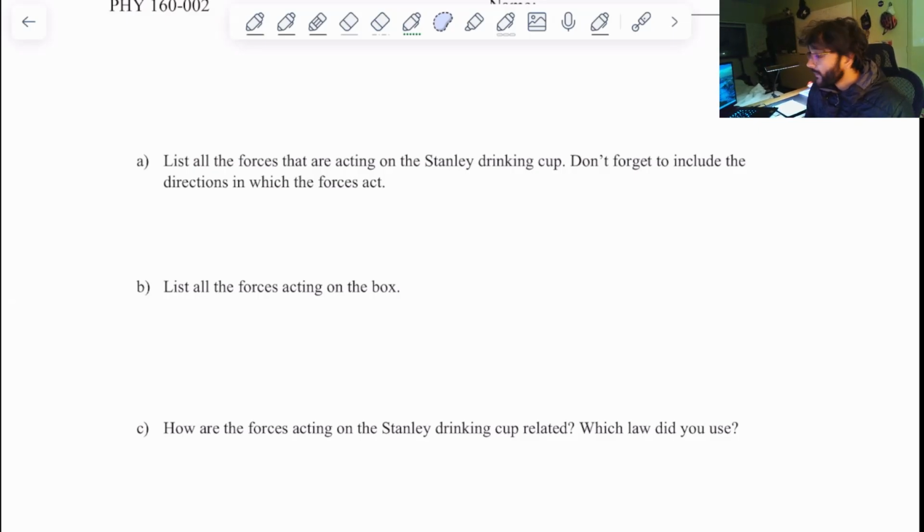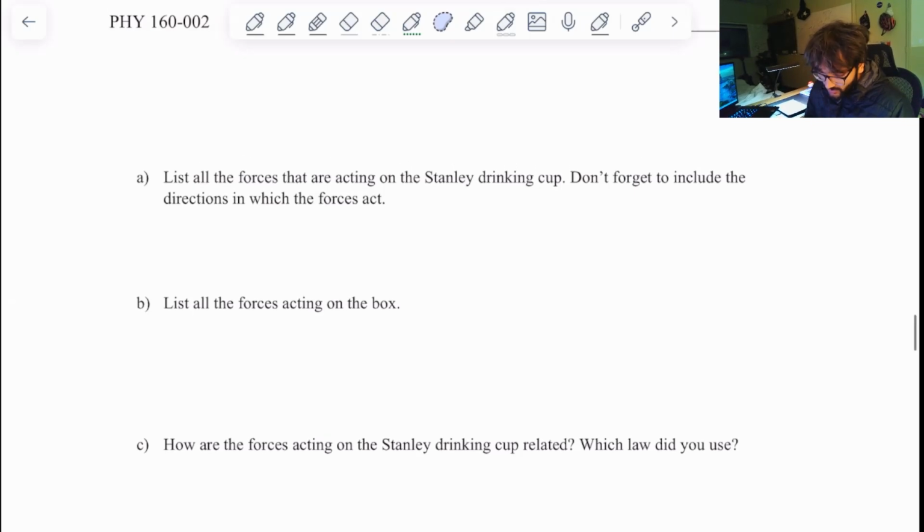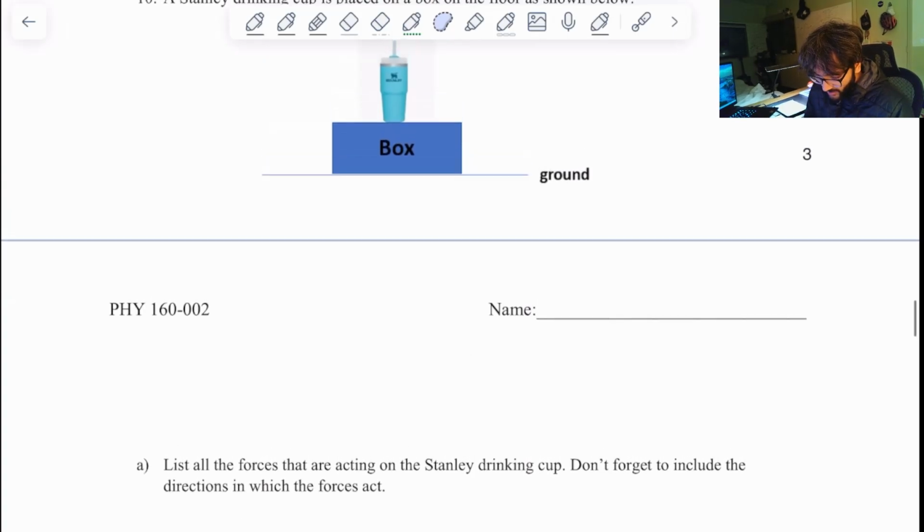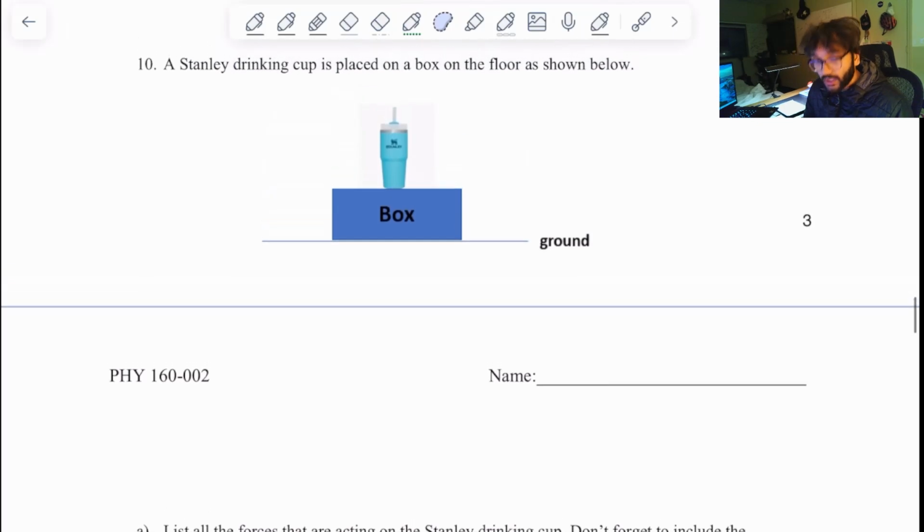Okay, so this is about how you understand the forces and the reaction to the forces, basically the law of interaction. So I'm going to try to solve this problem. We have to list all the forces that are acting on the Stanley drinking cup.